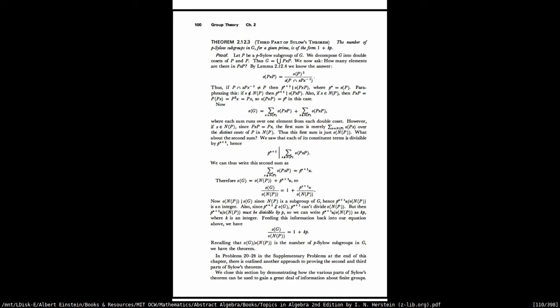The normalizer of P is normal in G, right? I'm guessing P is not necessarily normal in its normalizer. Or is it?